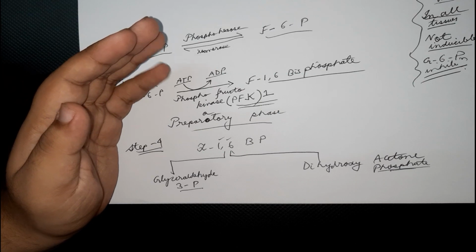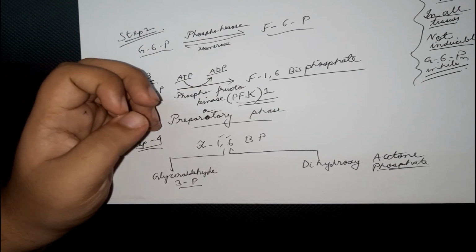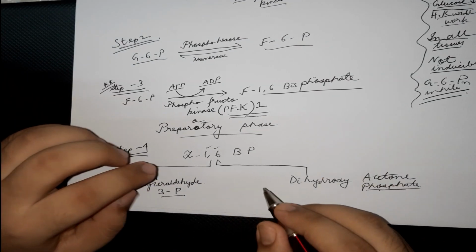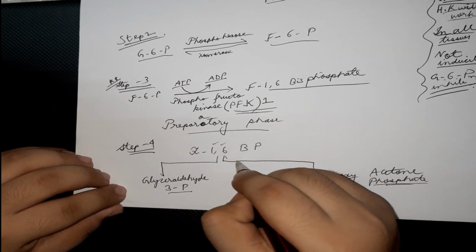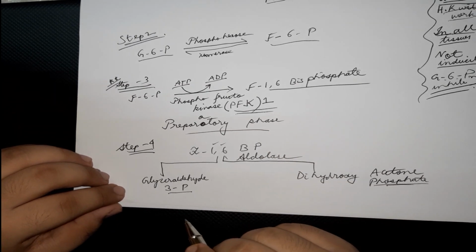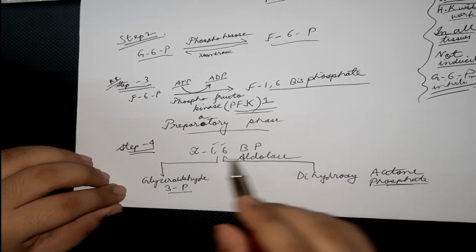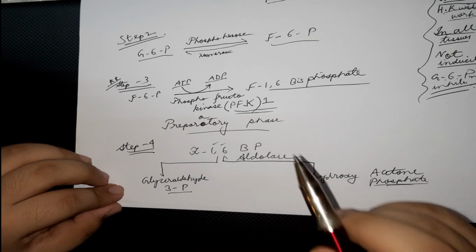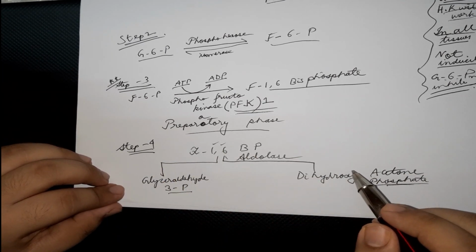Now the enzyme which is concerned with this is aldolase. Okay, aldolase is the enzyme which is actually facilitating the splitting of fructose 1,6 bisphosphate into glyceraldehyde 3-phosphate and dihydroxyacetone phosphate. Now, as I have already mentioned, this reaction is reversible.